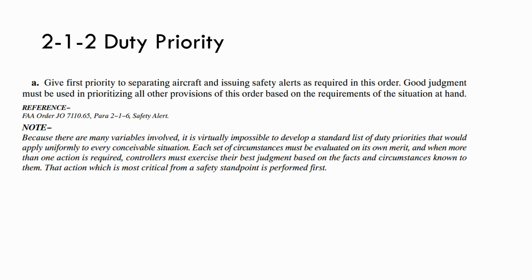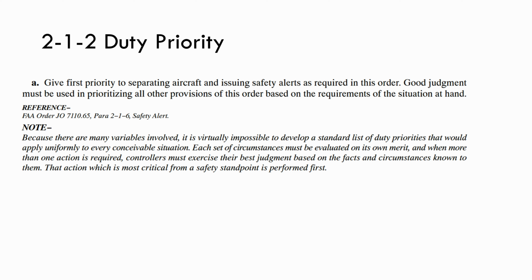Everything else, it mentions good judgment. So everything else that we're going to do, we're going to make sure that we use good judgment whenever we start talking about other items. Talking about safe, orderly, and expeditious flow of traffic, that's where our good judgment comes in. Another subjective term, but another opportunity for you to define what that means to you and to set a course in constant improvement to that end.